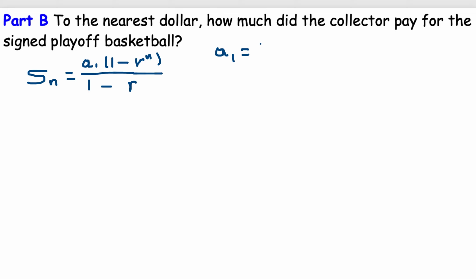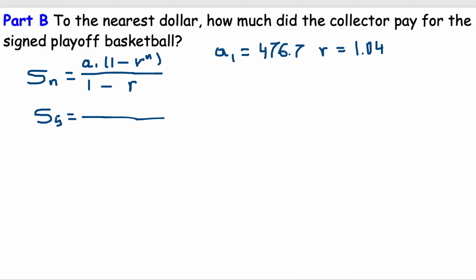It was 476.7. And the common ratio r, we already know, is 1.04. So now we have values. And instead of n, because there were 5 terms, we write 5. He saved money for 5 years.